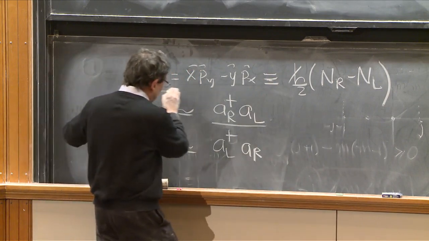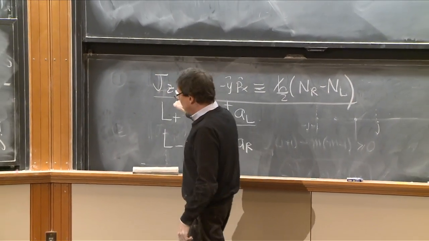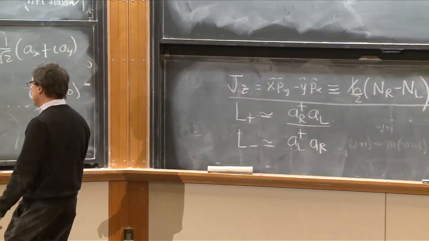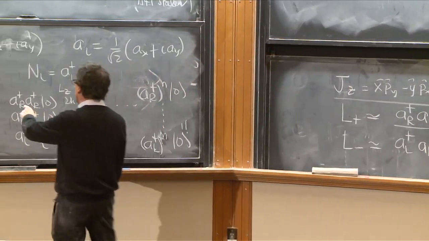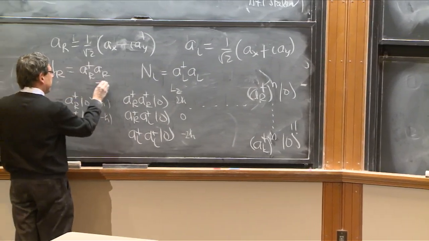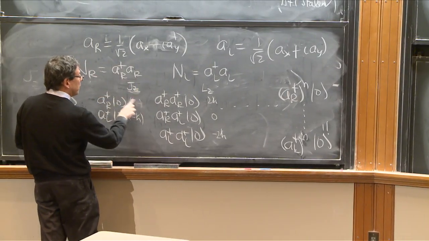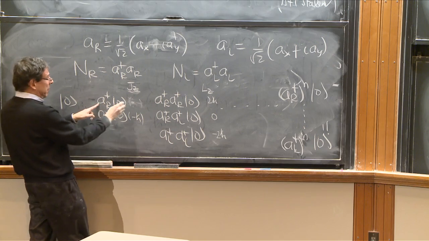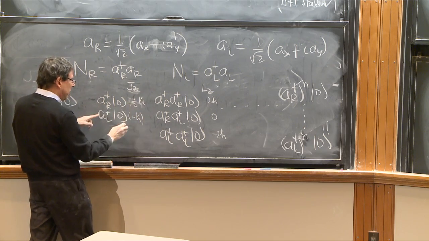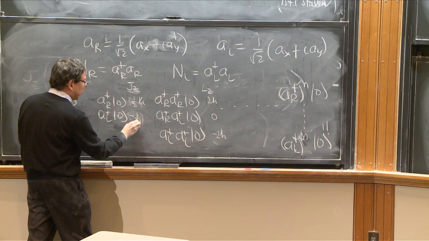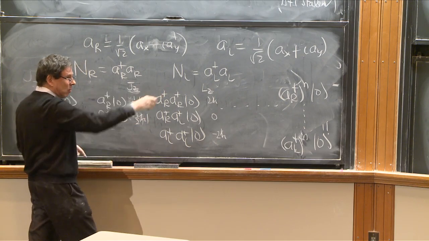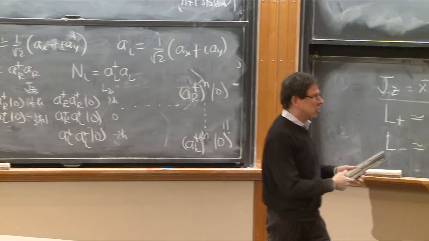If this is what I call JZ, oh well, then things may look good, because this one for JZ now has angular momentum 1/2 of h bar and minus 1/2 of h bar. And that fits with these two states.